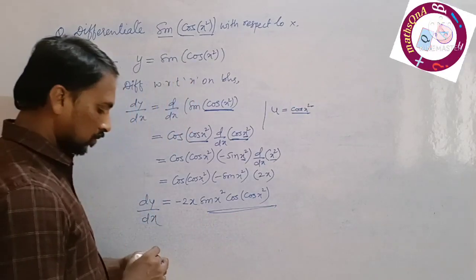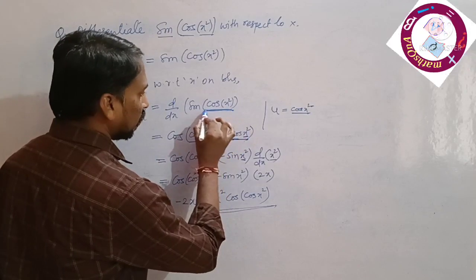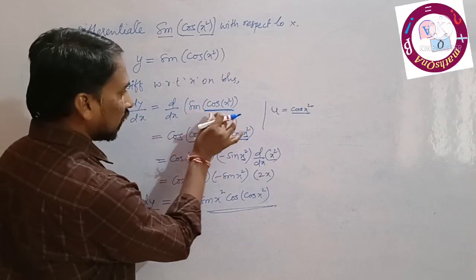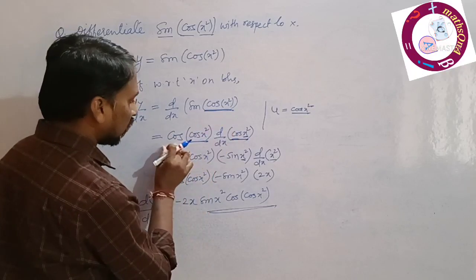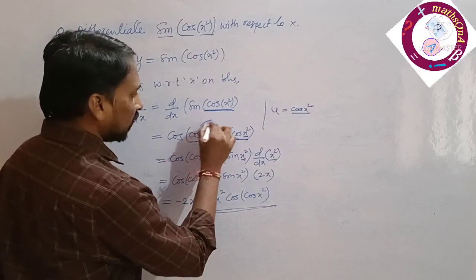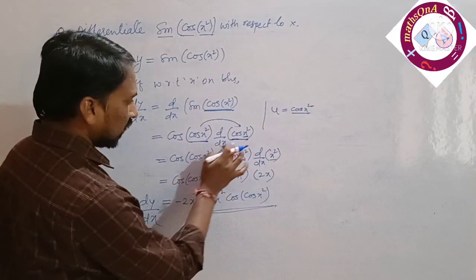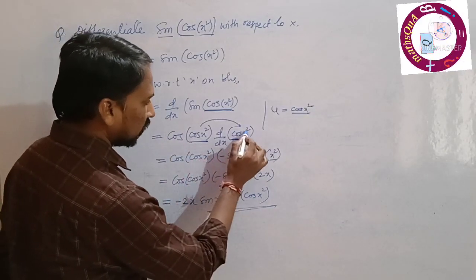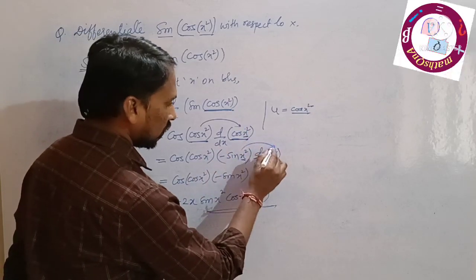Okay, so remember, before differentiating, first of all understand this value. Sine angle: derivative of sine angle is cos angle, again derivative of angle. Derivative of cos angle is minus sine angle, again derivative of angle.